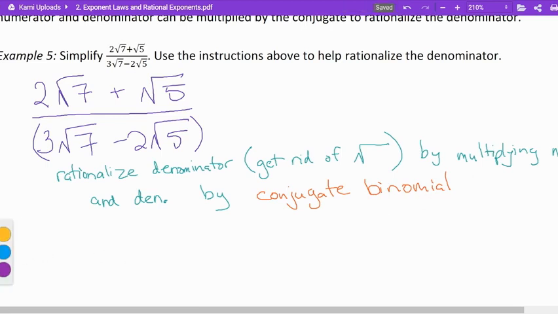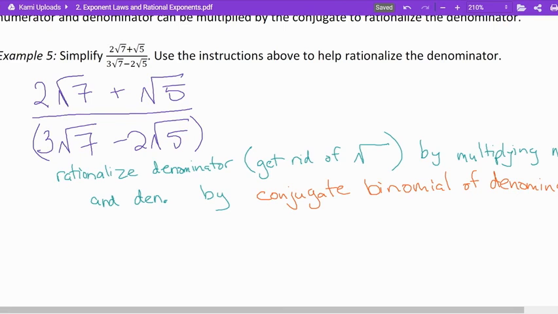And the important thing is, is it the conjugate binomial of the denominator or of the numerator? Of the denominator. Yes, Zach. So it's really important.